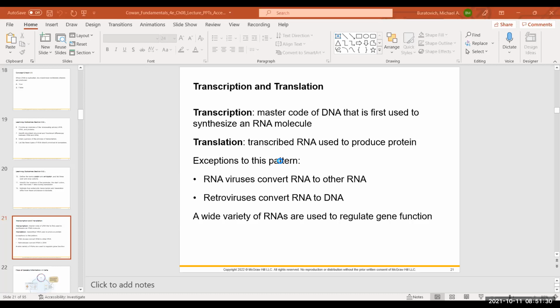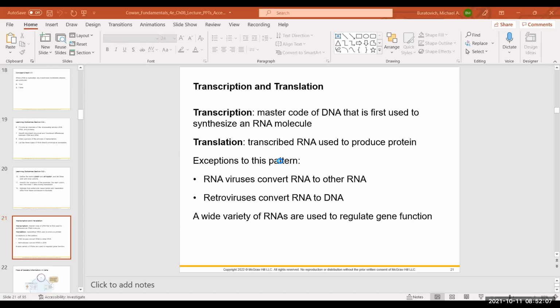There are also several RNAs that pretty clearly regulate gene function. Those are exceptions to the rule. So the flow of genetic information goes like this. It goes from DNA to RNA to protein. From DNA to RNA to protein.